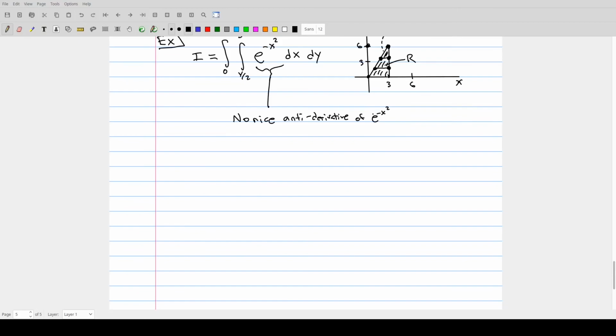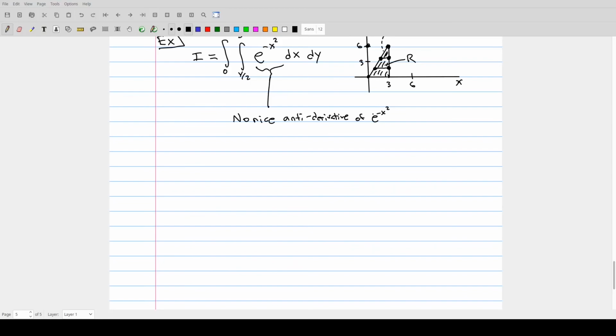This function is a very important function for a number of different reasons. It shows up a lot in probability and statistics, specifically when you're talking about the bell curve or the normal distribution. But the main issue for us here is that we can't evaluate this first integral using the fundamental theorem of calculus because there's no nice antiderivative of e to the negative x squared. The definite integral of the function does in fact exist, but there's no nice antiderivative.